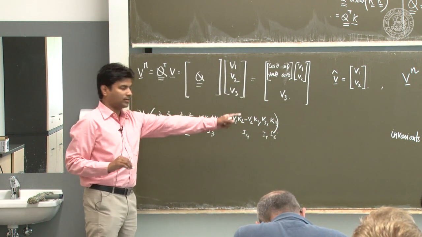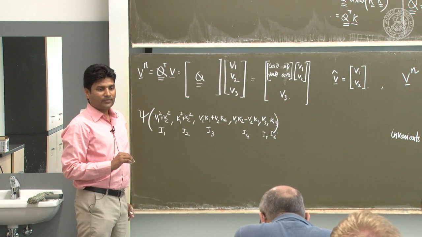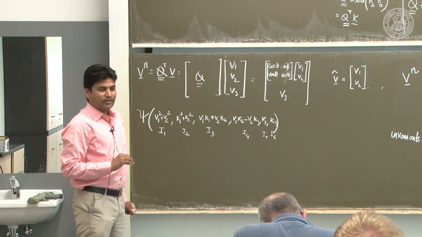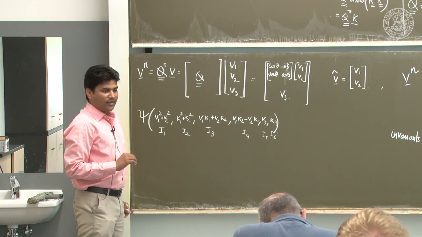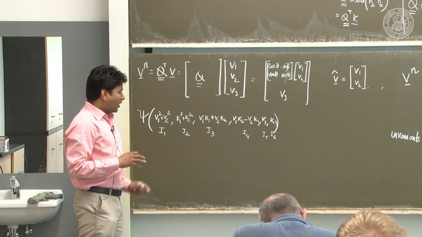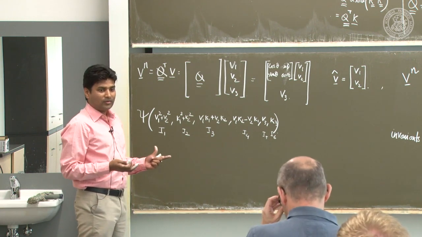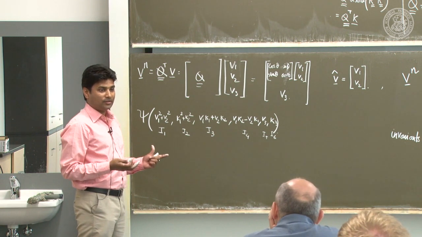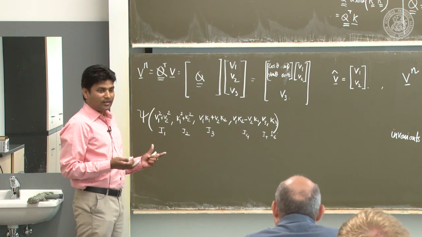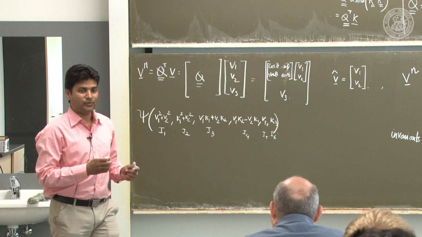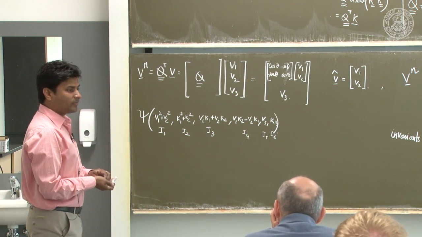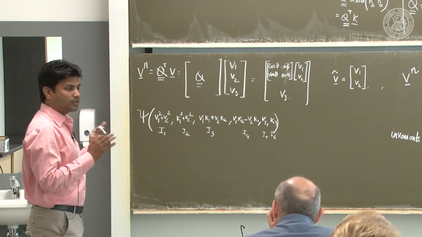You have 6 invariants. Okay? How do we get the expression now? The expression for energy. Once we have the invariants, what should we do? And we are pretty much stuck here then.